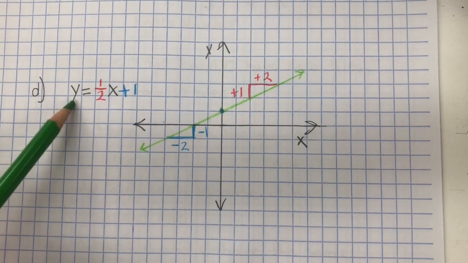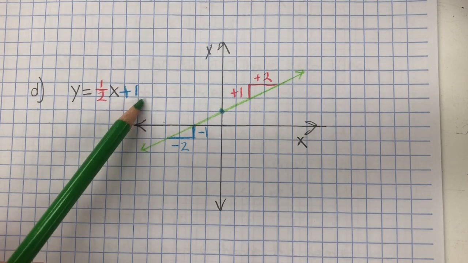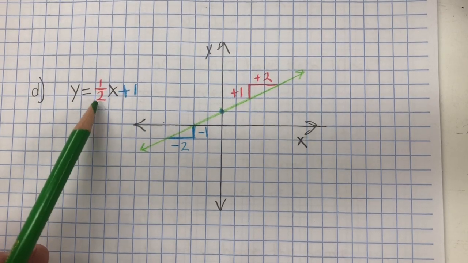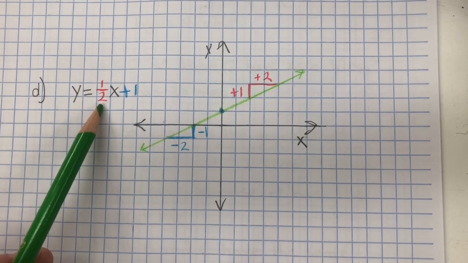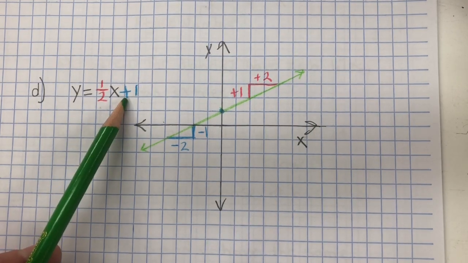In problem D, y equals 1/2 x plus 1. Our growth rate is 1/2, and our initial value, our y-intercept, is 1.